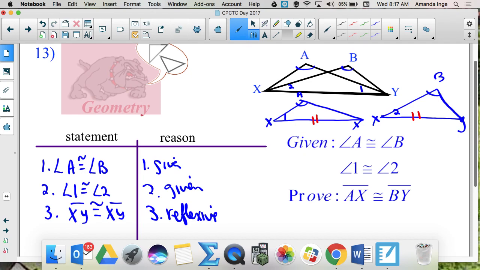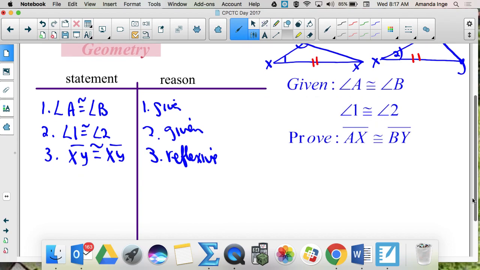So you have an angle, and a side. So we're going to say that triangle AXY is congruent to triangle BYX.